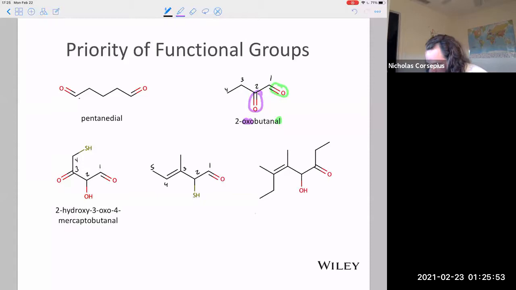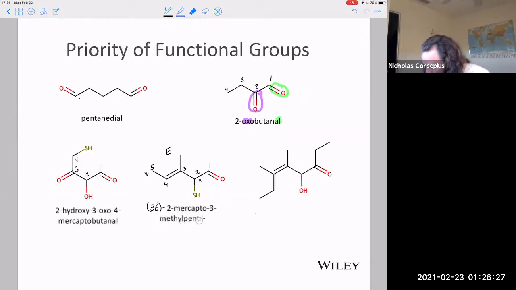I guess I have to worry about stereochemistry of this particular alkene as well. This is my high priority group, and this is my high priority group. So that's going to be an E stereochemistry. I don't think I included that on the slides. So it is 3E.